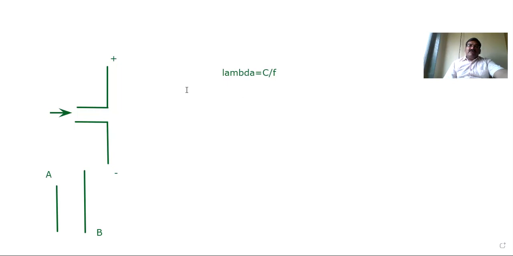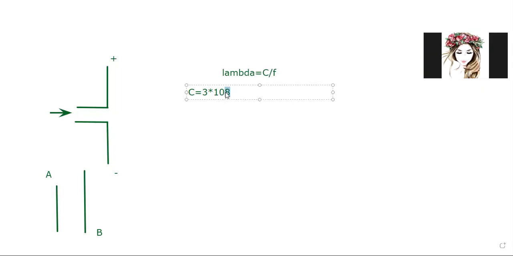If I have lambda for a frequency, I'll give the example. What is your C? C equals 3 into 10 to the power, how much? Anybody? 3 into 10 to the power 8 meter per second.